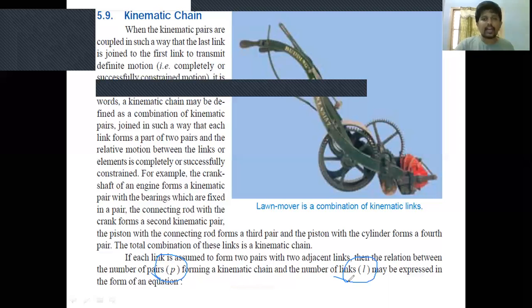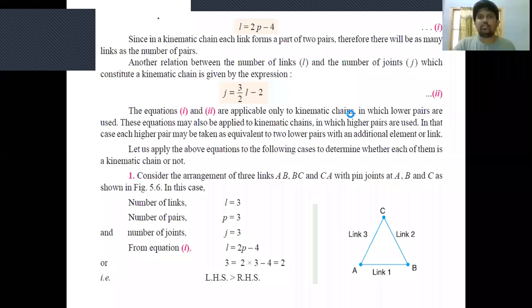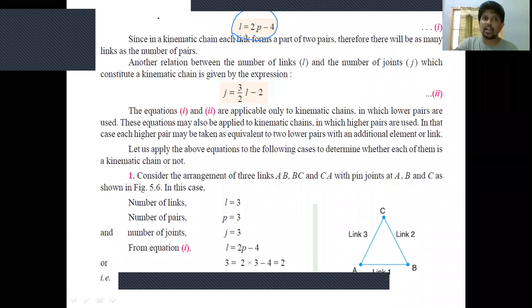To find that, we have some formulas or equations. The first formula here is L = 2P - 4, an equation which can define whether the chain can have some relative motion or not. Here L is the number of links, P is the number of pairs.